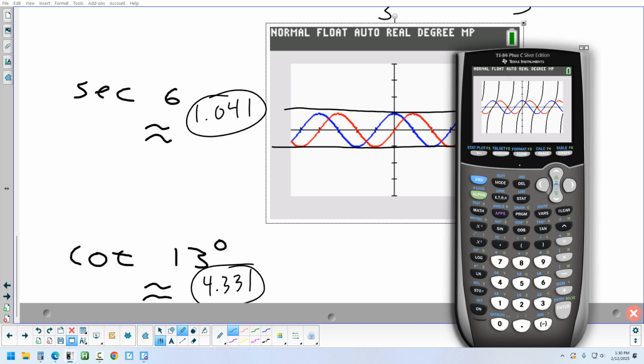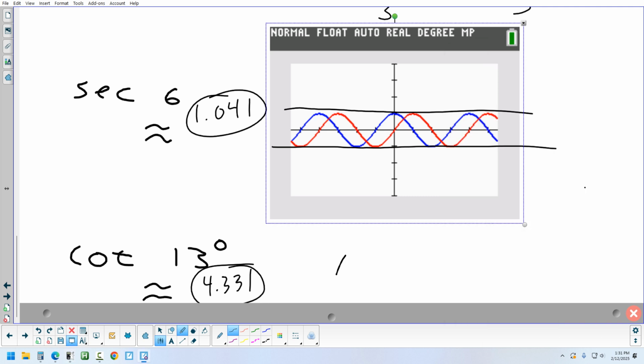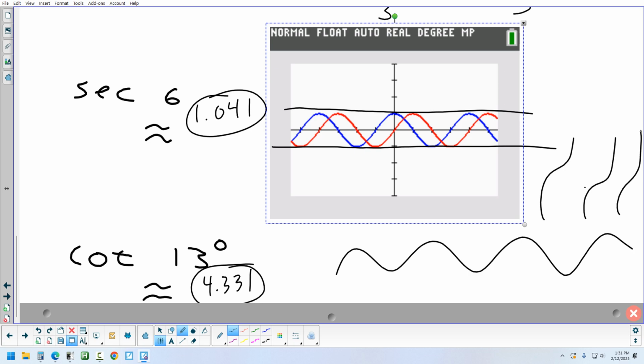So sine and cosine are nice connected graphs when you draw them. You never have to lift your pencil. But tangent has sections that repeat, and because you have to lift your pencil each time, you have an asymptote, and that's what causes it to go up as high as you want and as low as you want.